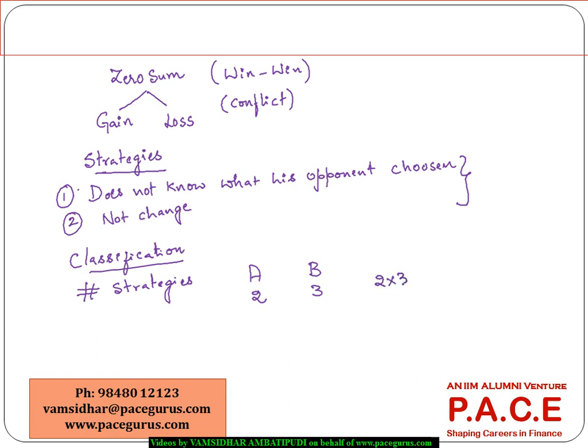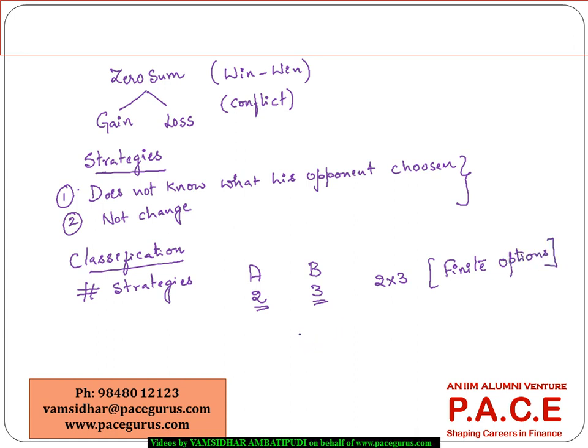We call those kinds of games a 2 by 3 game, because A has two options to choose from, B has three options to choose from. But in general, we are talking about games where a finite number of options are present.